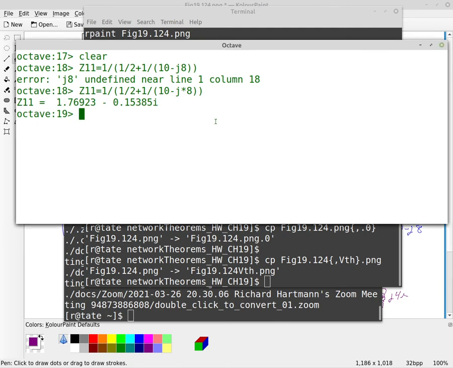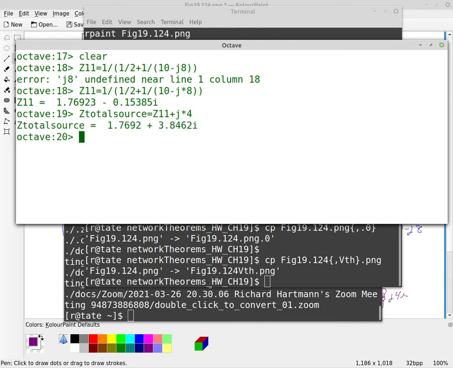Okay, so we get the total impedance as seen by the source, Z total. And that is simply Z parallel plus the J times 4.